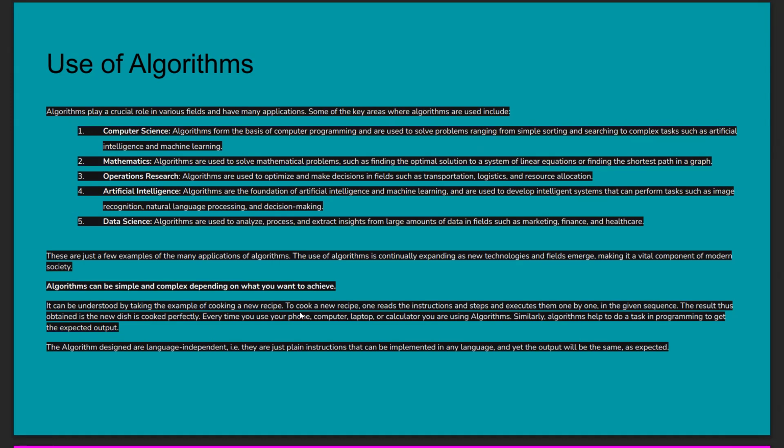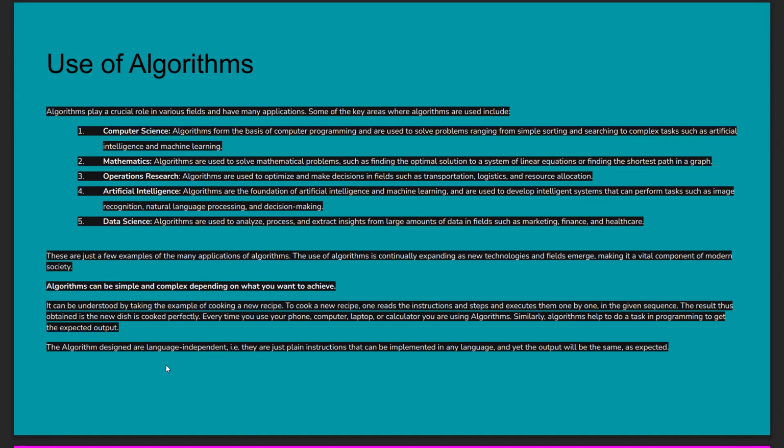It can be understood by taking the example of new research. These algorithms are designed to be language independent. It means whatever algorithms are designed, they are independent of the language, whether the language is English or anything else. They are just plain instructions that can be implemented in any language.